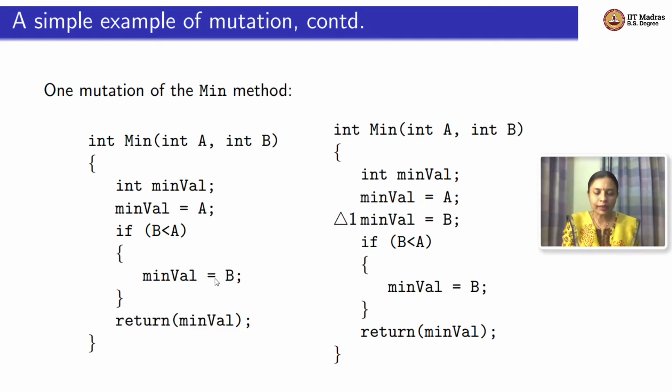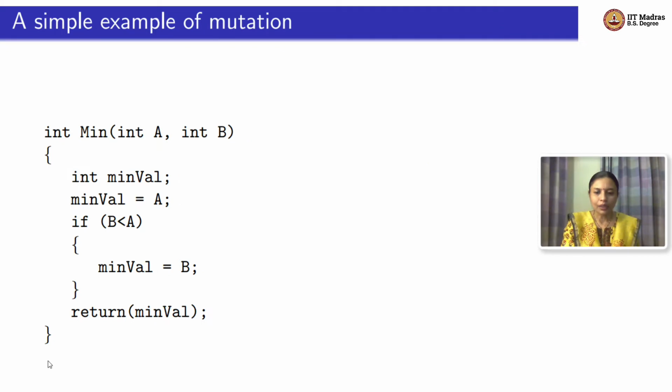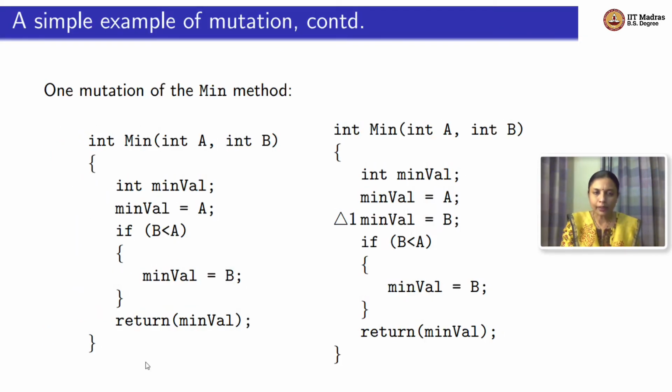I'm replicating this method, and I'm going to make one change to it. In the statement minval equal to a, I'm replacing a with b, and I represent that as delta 1.